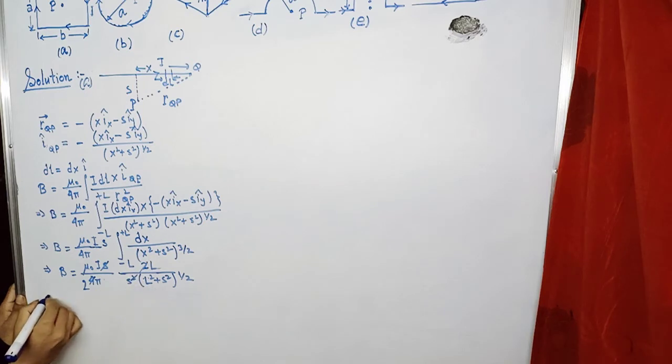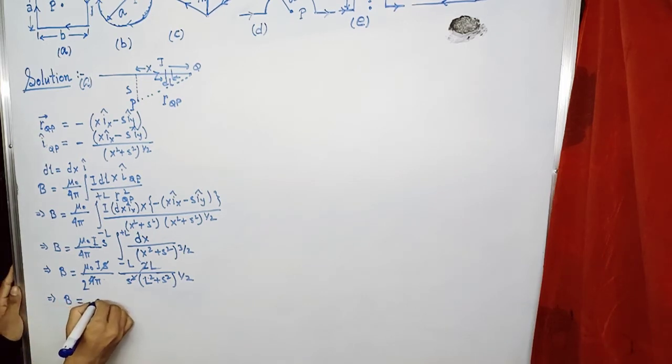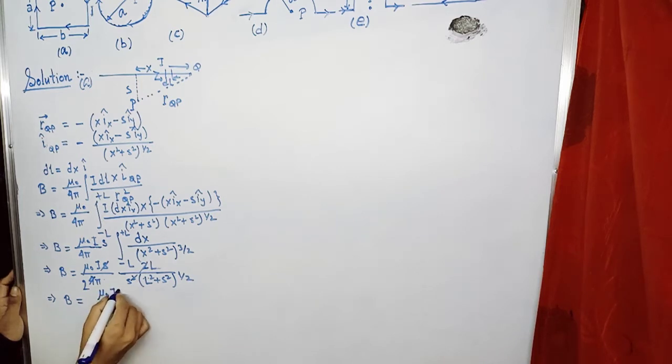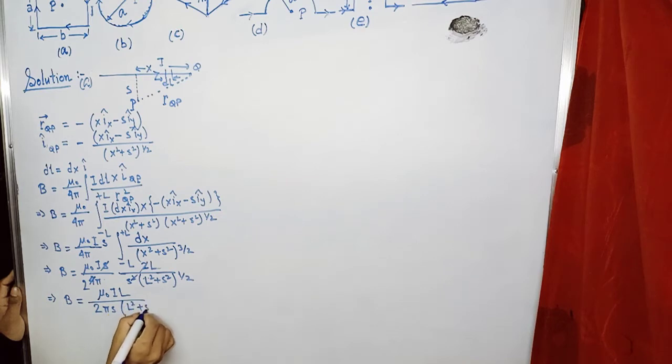Therefore, the magnetic field for a straight current carrying conductor will be equal to mu naught I L divided by 2 pi S multiplied by L square plus S square whole to the power half.